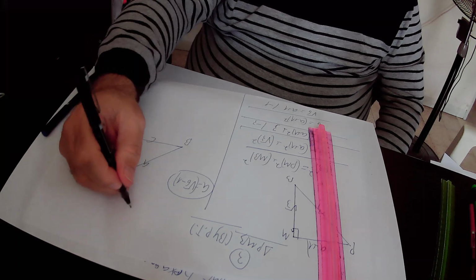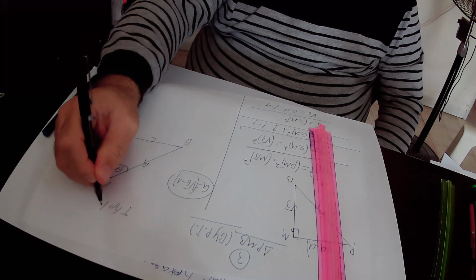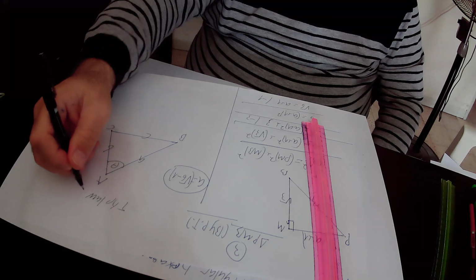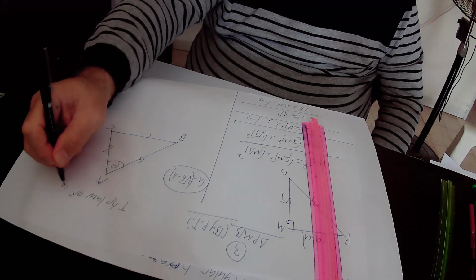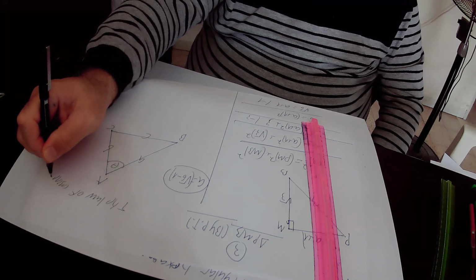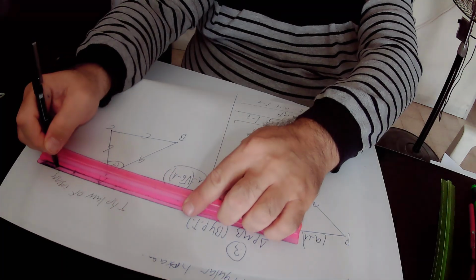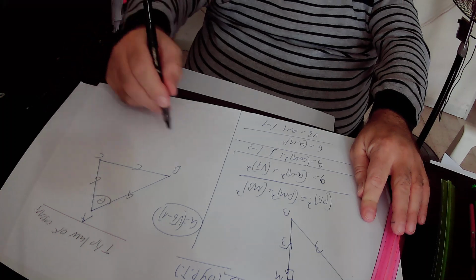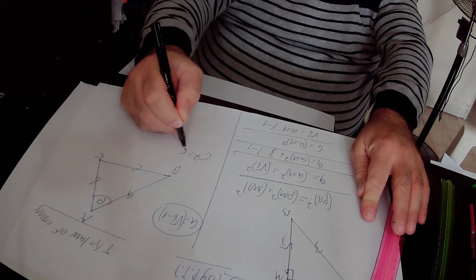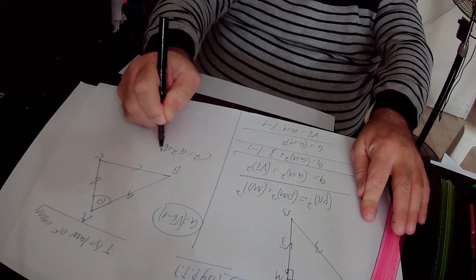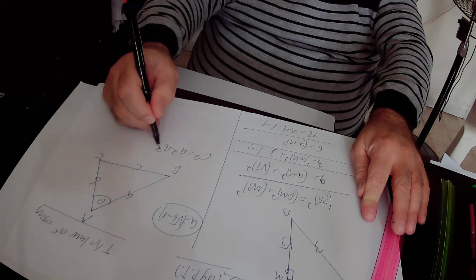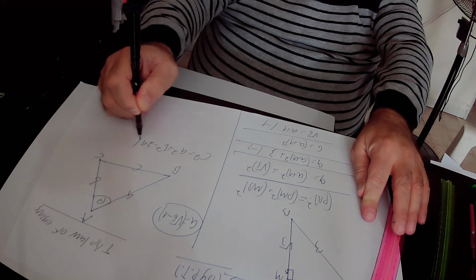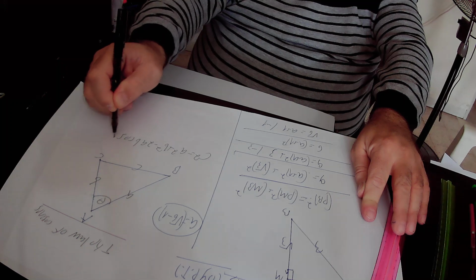Then according to the law of cosines, that is true in any triangle, we will get that C squared equals A squared plus B squared minus 2 times A times B times cosine theta.